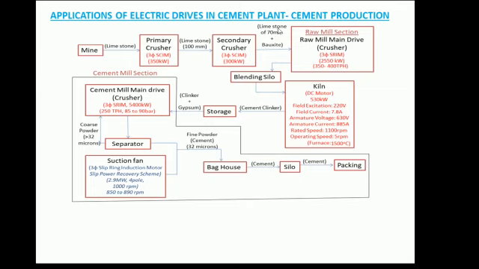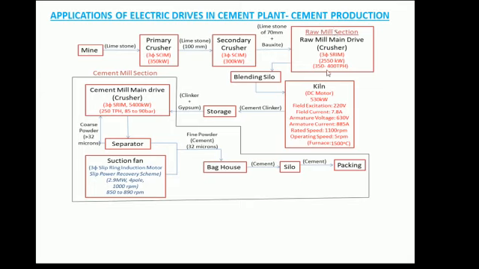Now the mixture of limestone of 70 mm and bauxite is fed to the raw mill section. This raw mill section consists of a raw mill main drive which uses a 3-phase slip ring induction motor with a power rating of 2550 kilowatts. A weight of 350 to 400 tons per hour of limestone and bauxite can be fed to this raw mill main drive.